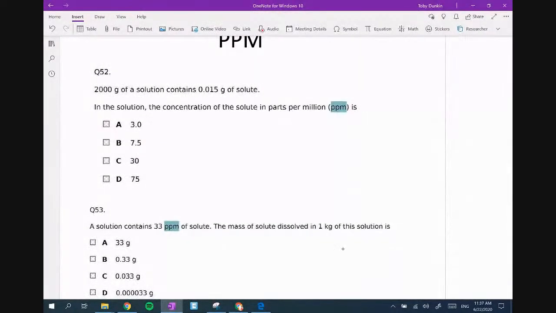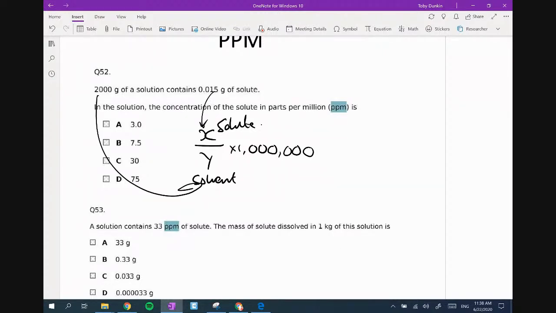Right, so we know that it is x over y times a million. There's our parts. In reality, this is kind of given as solvent, this is kind of done as solute. But really, it's wanted over what it's in, wanted over total volume. So here's our solute, here's our solvent. They've even given it in grams.